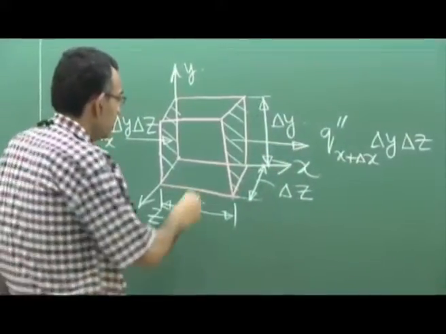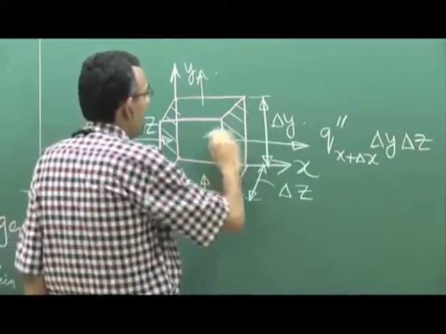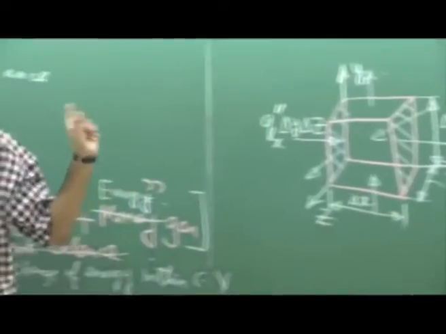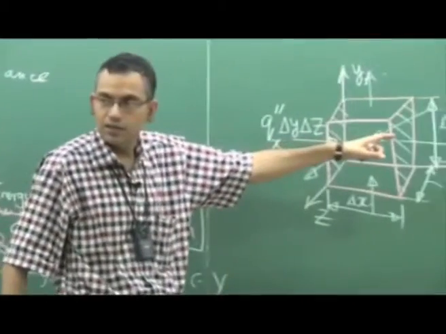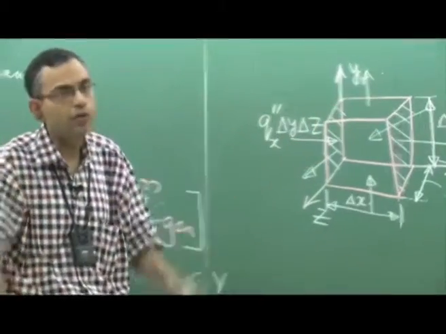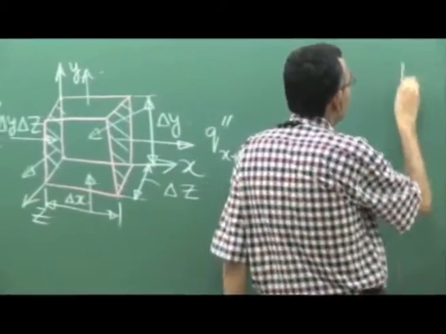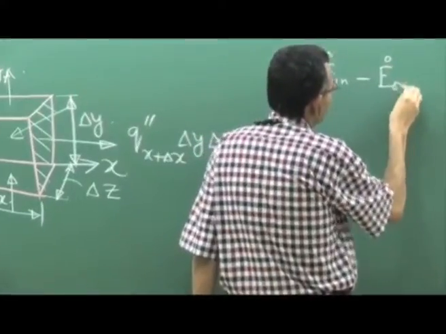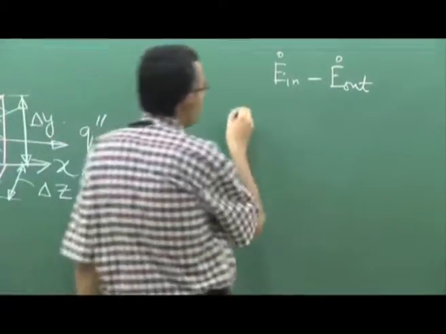So similar thing from the bottom and from the top and from the back and from the front. I am not writing all those to make the figure clumsy. So what I will do is I will just write one of the terms which is governing the behavior along x, similar terms will come along y and z. So rate of energy in minus rate of energy out, this dot means rate. So what is this?